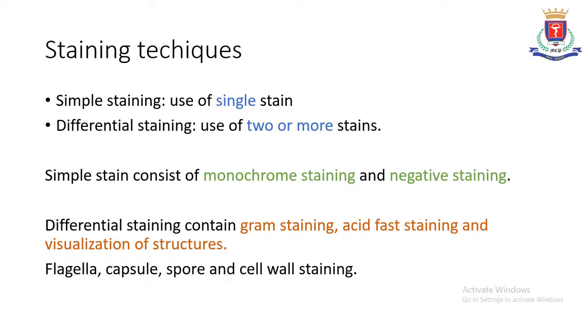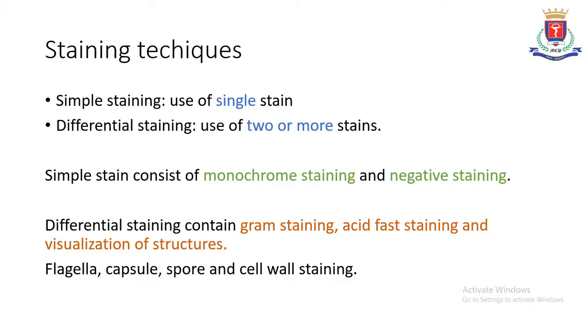Now differential staining again consists of different types of staining like gram staining, acid fast staining and visualization of structures. In gram staining, the bacteria can be differentiated into gram positive and gram negative bacteria depending upon the type of stain it retains.